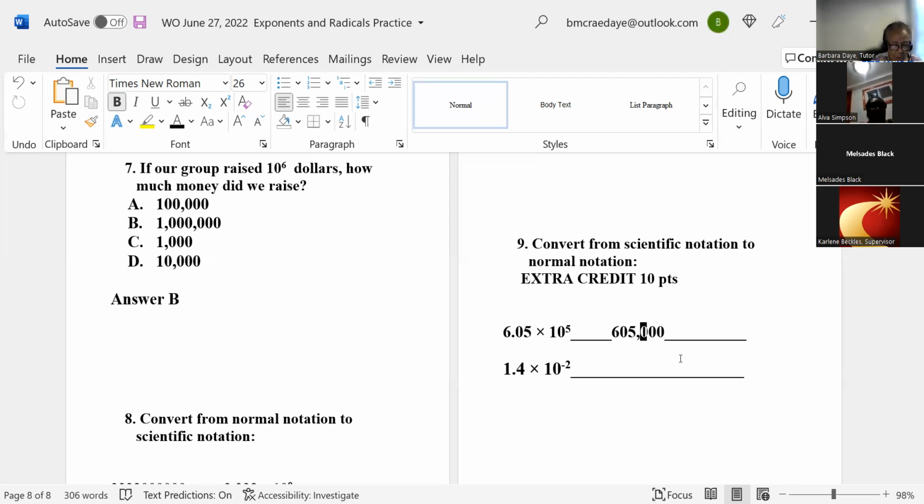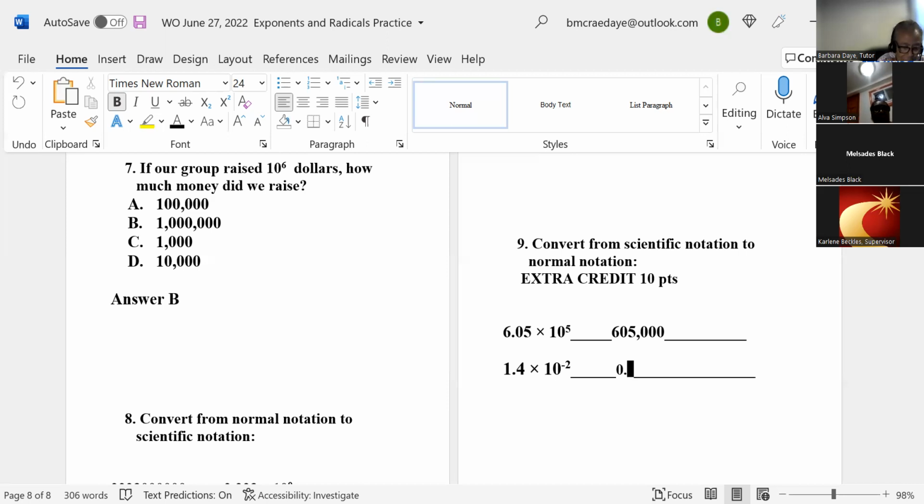Okay, let's do this one. Now this is 1.4 times 10 to the second. So we know this is a decimal, right? 0.14, right? Now this is times 10 to the minus 2. That means we move how many places? 2 places, right?